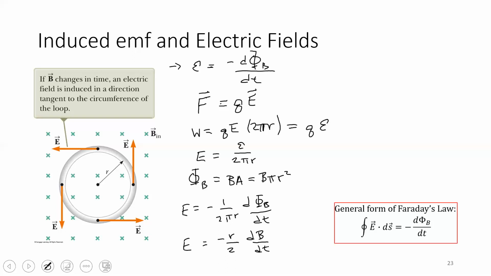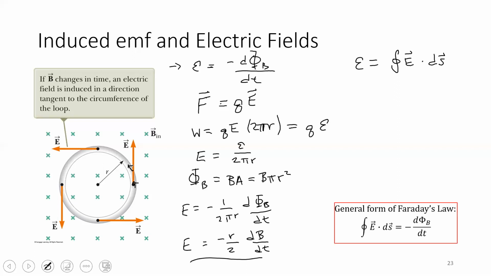So what we come up with when we take this is that our EMF is going to be given by the closed path integral of our path dotted with our electric field, which in this case, they're in the same direction. So that would be a simple multiplication, but we're going to take all these little ds's around our loop.